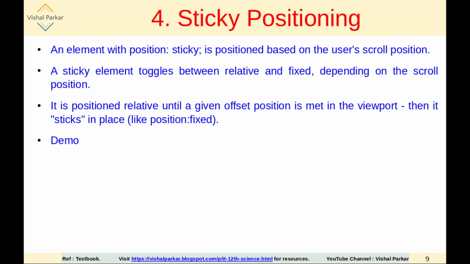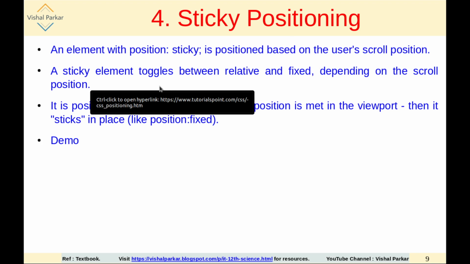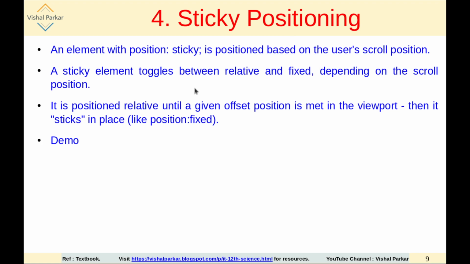And the last is sticky positioning. In the case of sticky positioning, as we have just seen, the element will toggle between relative and fixed, depending on the scroll position.